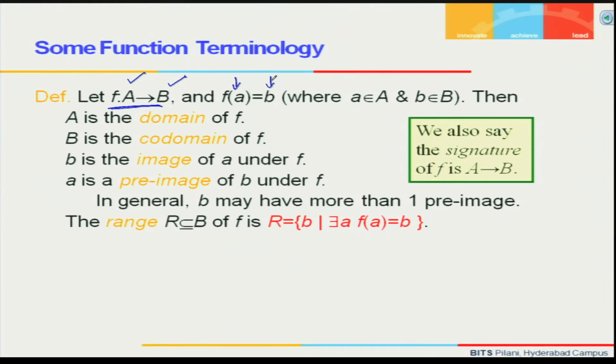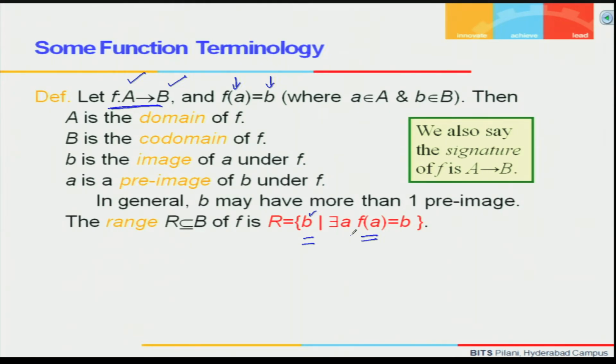The range has been defined as all the elements in B that have pre-images in A, or equivalently, the set of all B such that there is an element A with f of A equal to B. All such elements constitute the range.